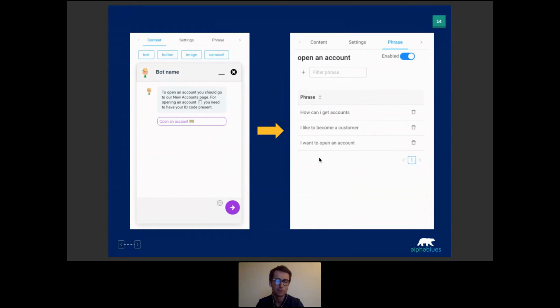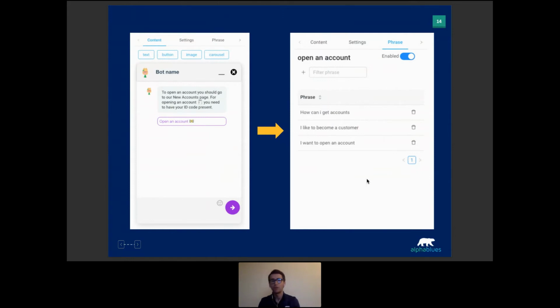So as a bot trainer, you want to populate these training phrases with a sufficient amount, and we'll talk about this later, but you want to have a sufficient amount of phrases that when the customer asks, it will be similar enough to the phrase that the customer is asking, so that it can bring back this answer, right?